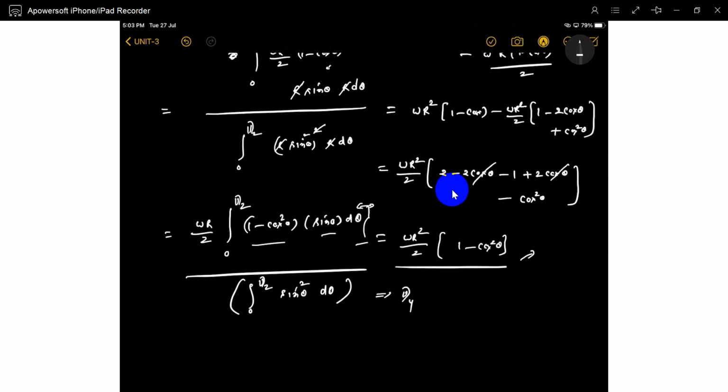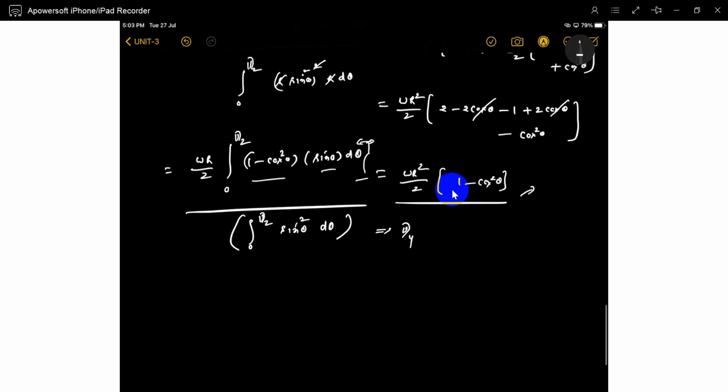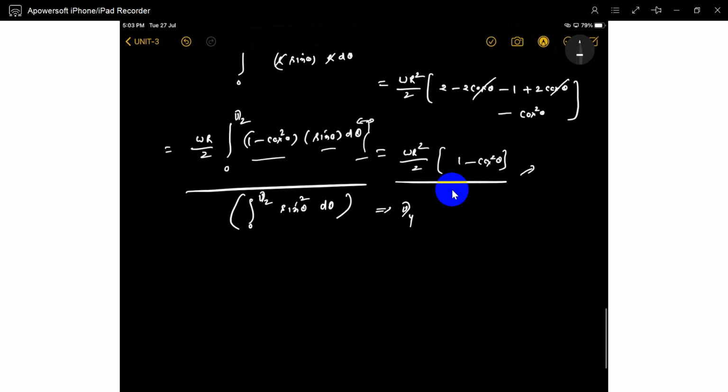You are excellent in integrations. So I will solve it. Just I will solve it like sin theta 1 minus cos square theta, indefinite integral.